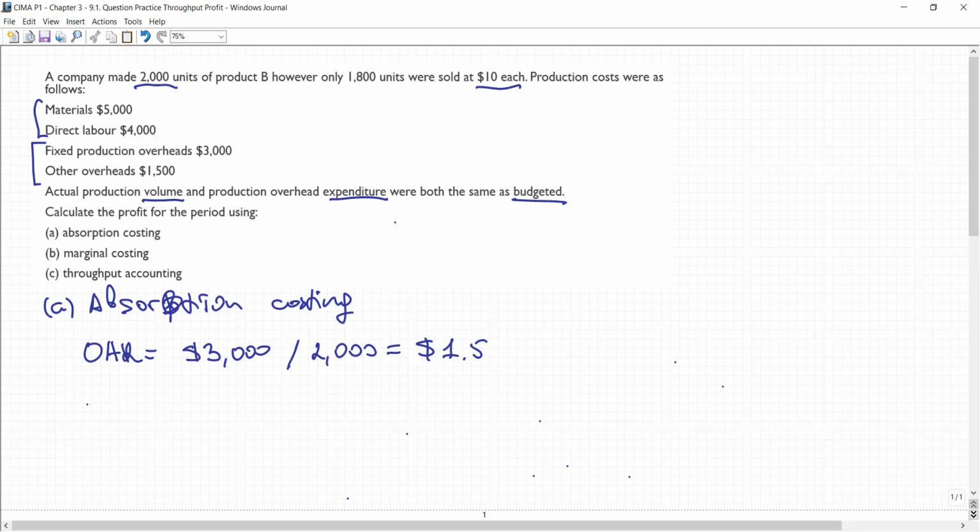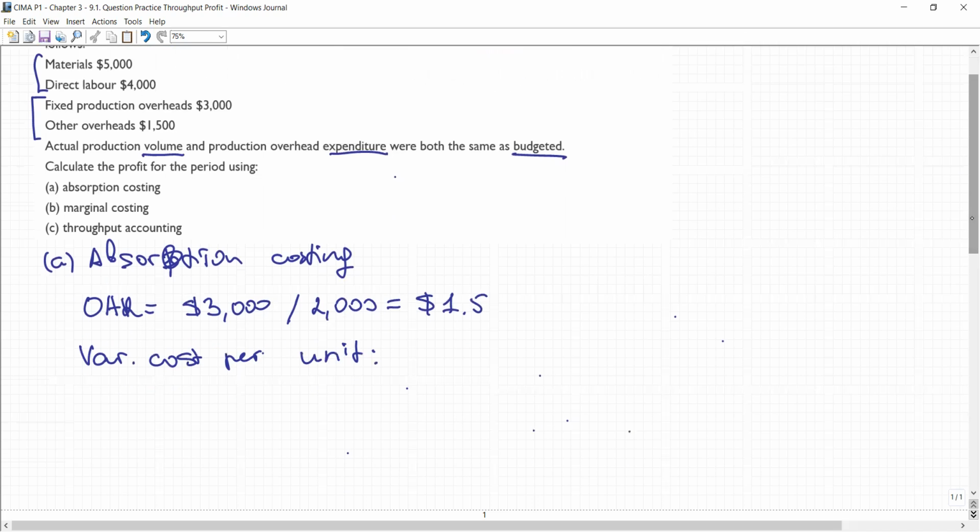Now let's calculate variable cost per unit. We are going to use that here and in the following videos as well. So we have materials, and they cost us 5,000, and labor that cost 4,000.